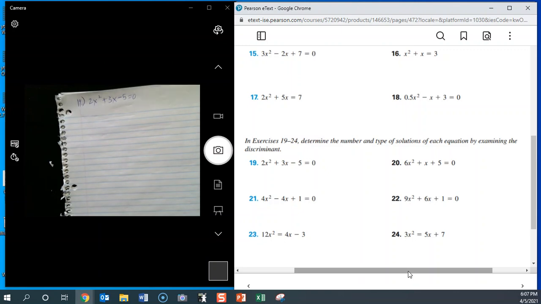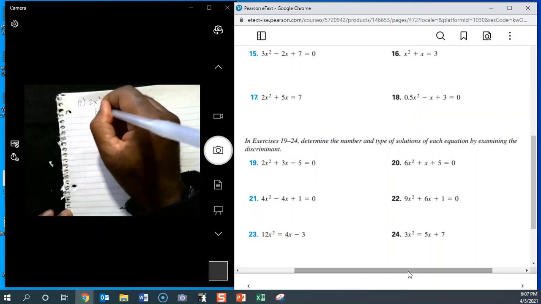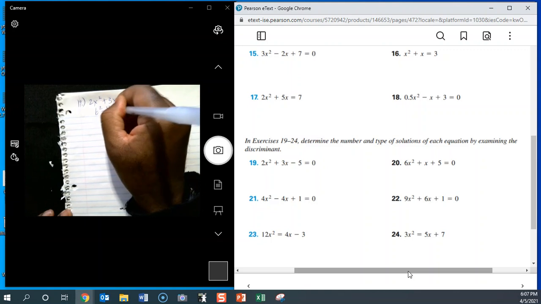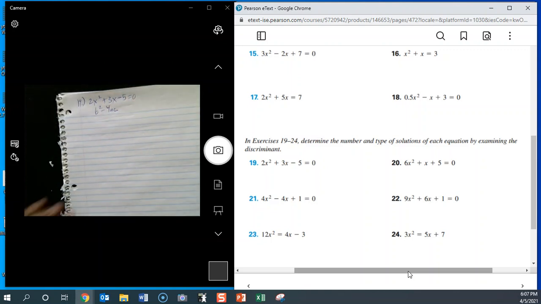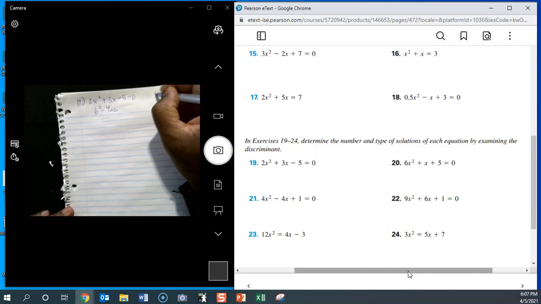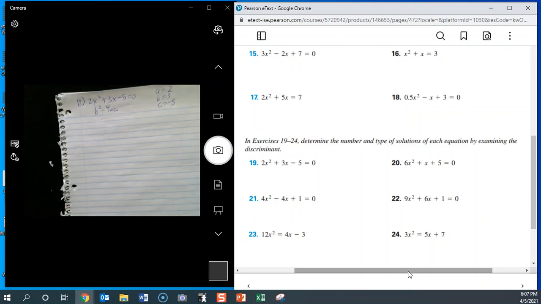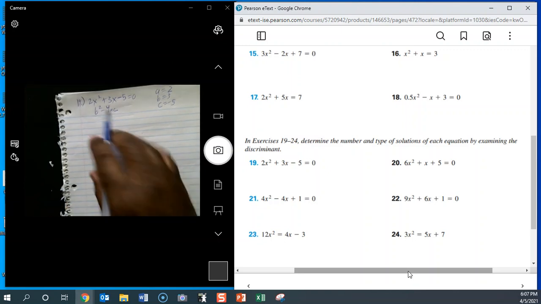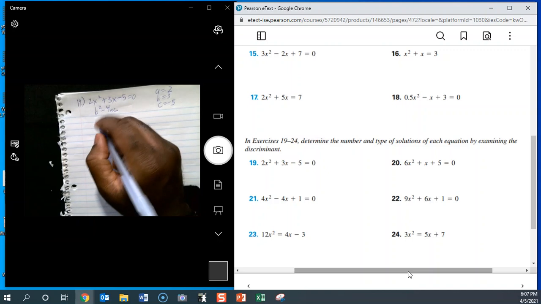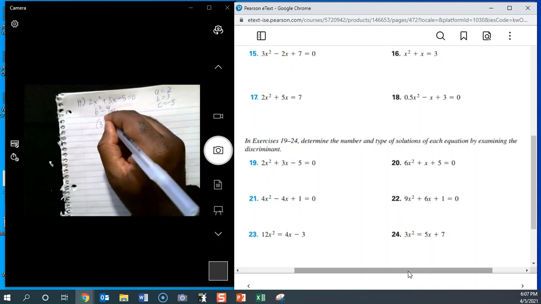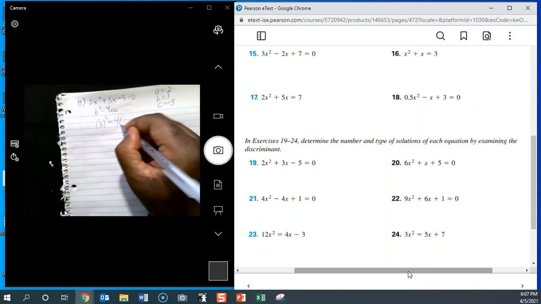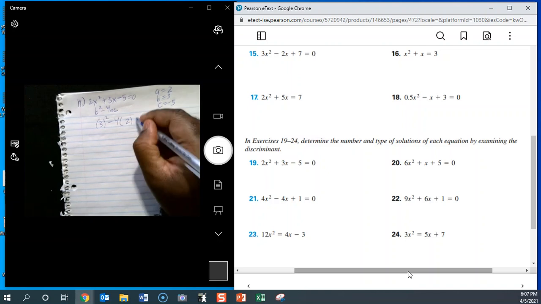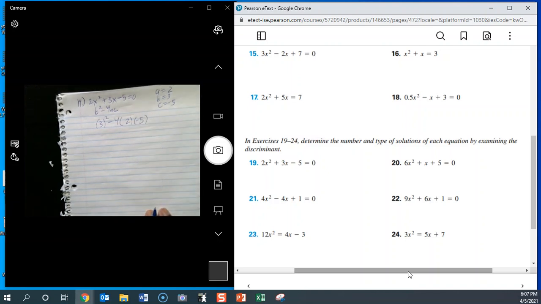Now, the discriminant, remember, is b squared minus 4ac. Now let's go through this process. We know a is 2, b is 3, and c is negative 5, because this is already set up for us. So we substitute in here. So we have 3 squared minus 4 times 2 times negative 5.